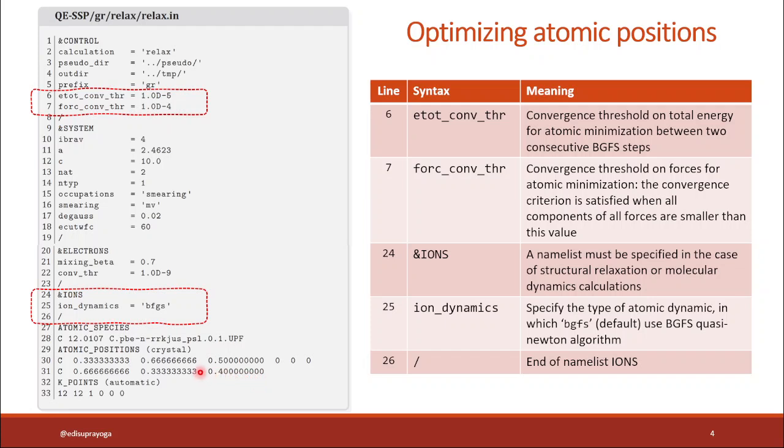We can see here the second atomic position in the Z direction is 0.4, while the first atomic position is 0.5. Note that we can select the coordinates that will be fixed or not in the relaxation by adding either 0 or 1 in each atomic position. In this case, 0 is for fixed and 1 for relaxed position. If no option is specified, then all atom positions are assumed to be relaxed.